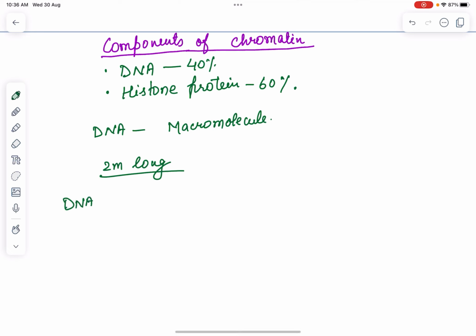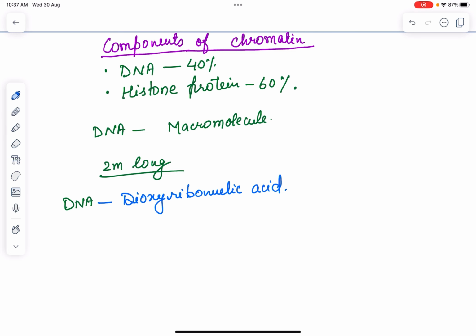DNA is called deoxyribonucleic acid. DNA and this histone protein, these two together are arranged, DNA is coiled with histone protein.